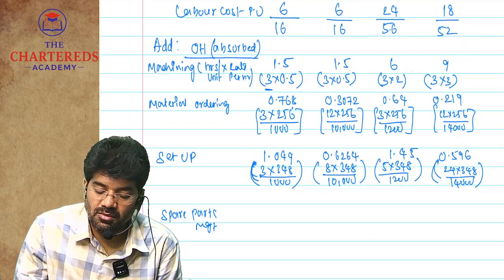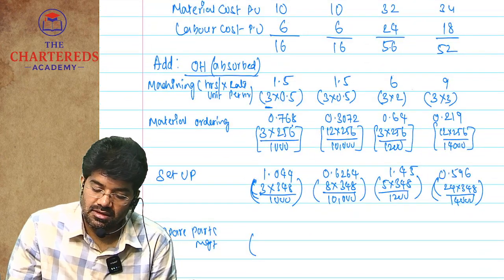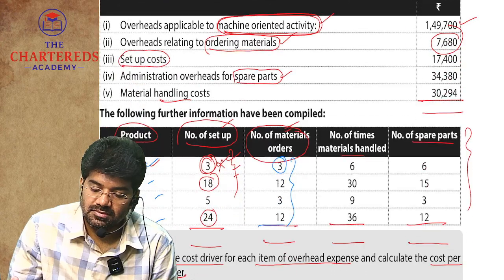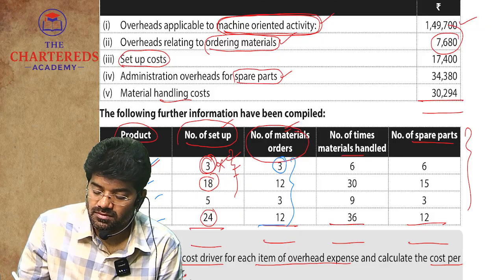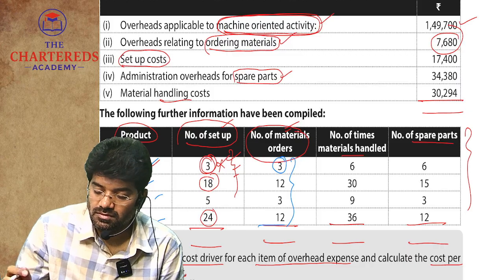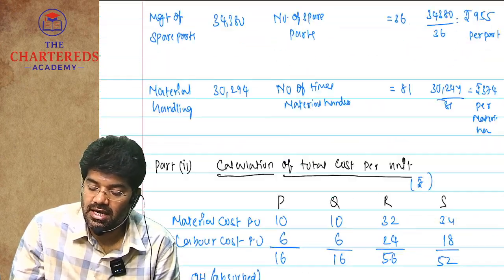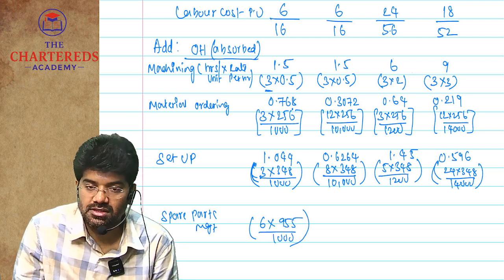Spare parts management. How many spare parts were handled here per piece? 6. 6 into the rate we got, 955, divided by, that is for how many units? 1000 units.